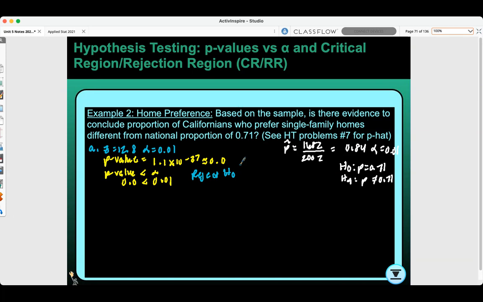There's very strong evidence to suggest the proportion of Californians who prefer single-family homes is different from the national proportion.